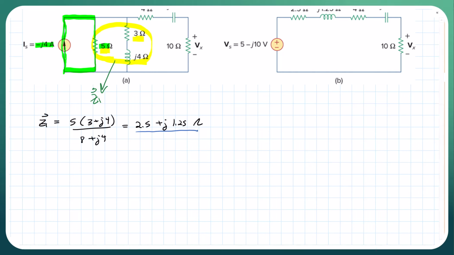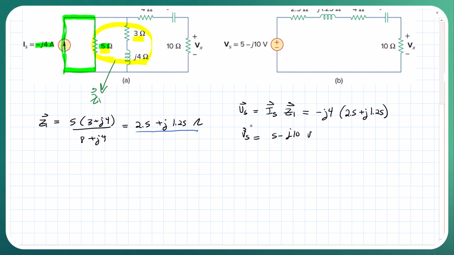So our voltage source is going to equal Is times Z1 in this case, which is going to be minus J4 times (2.5 plus J1.25), and that's going to give us 5 minus J10 volts for Vs.